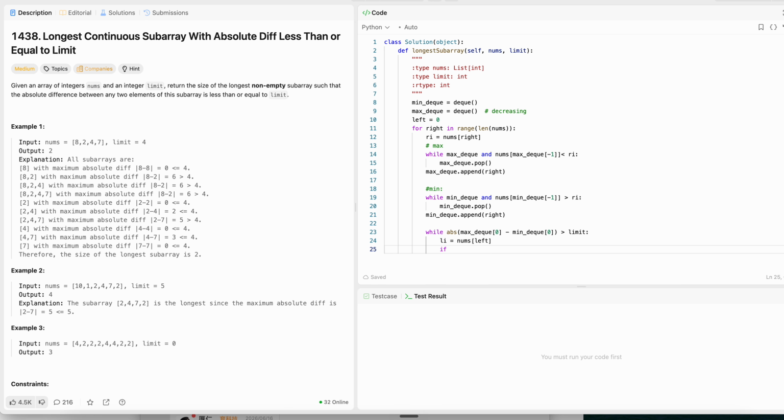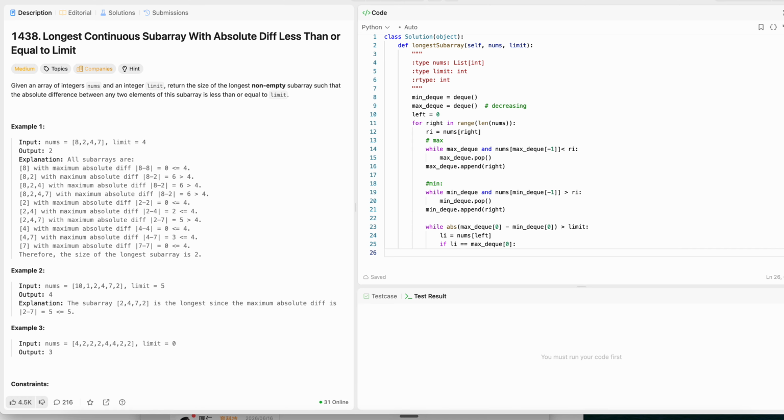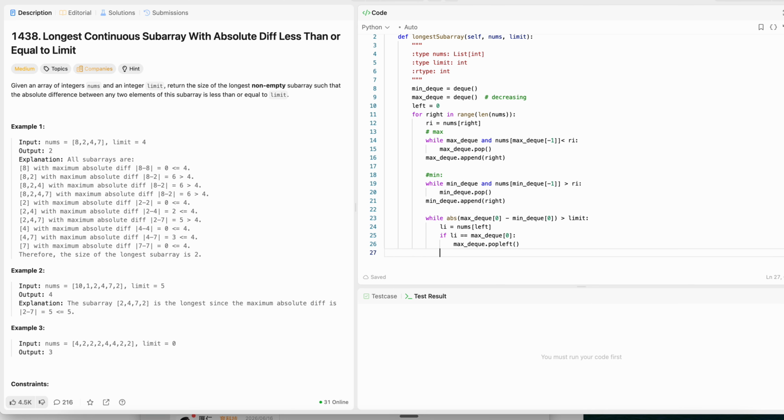If this is the max, that means we need to take action to update the max deque as well. Pop left. Okay.